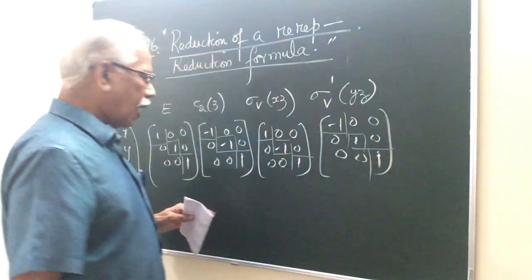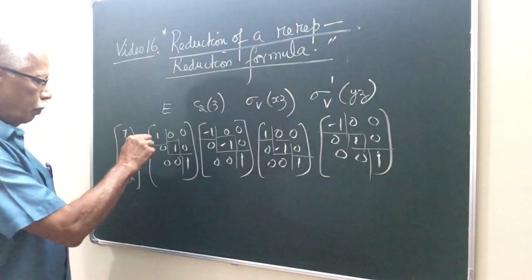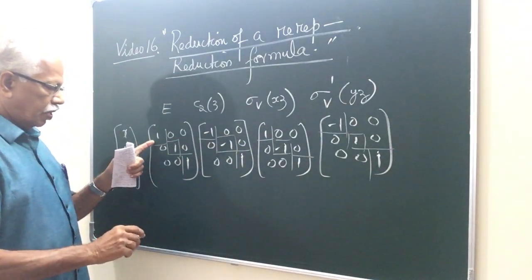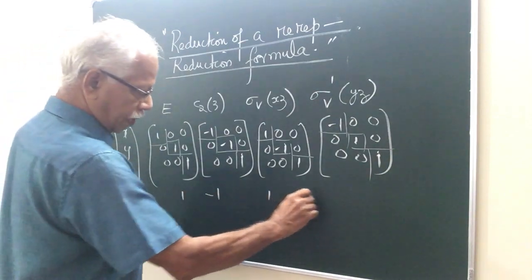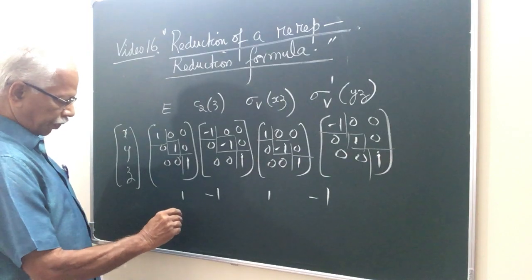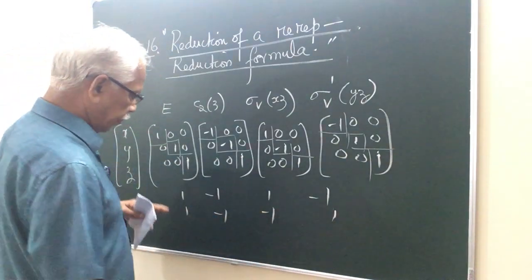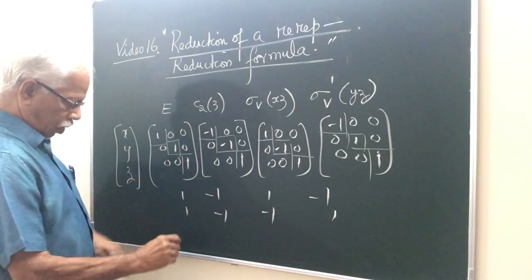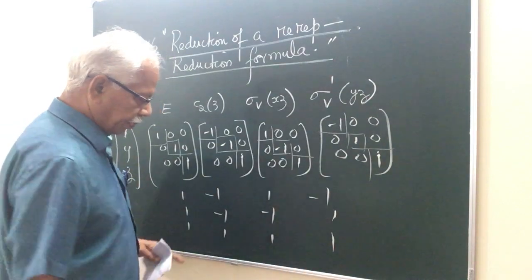So we can pick out the numbers from corresponding blocks, like first row, first column: 1, minus 1, 1, minus 1. Second row, second column: 1, minus 1, minus 1, 1. Third row, third column: 1, 1, 1, 1.